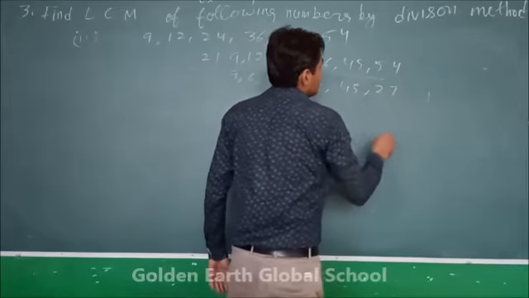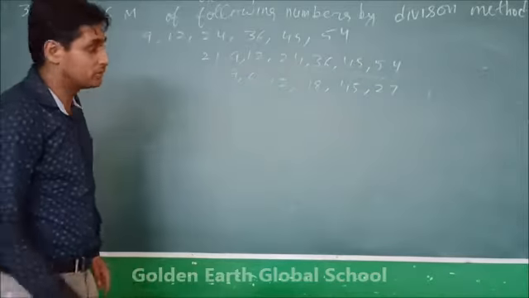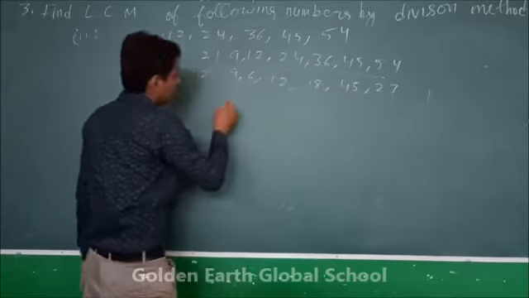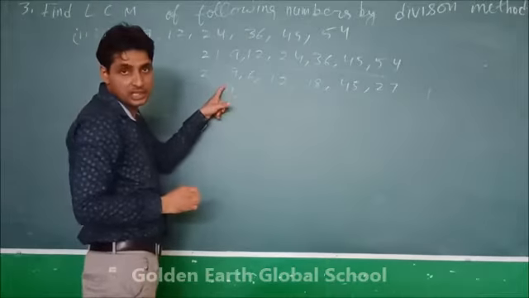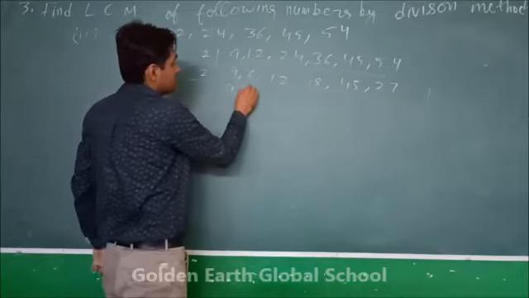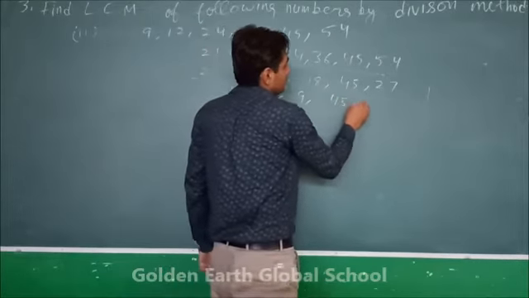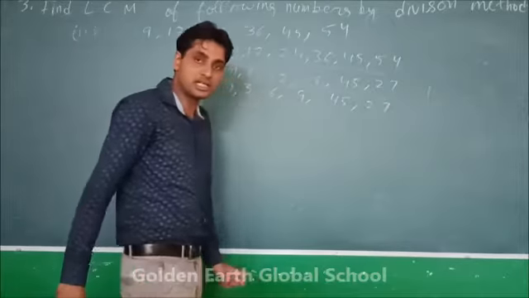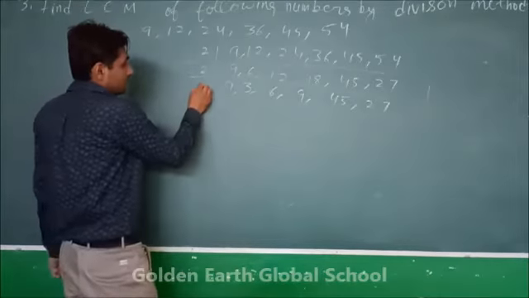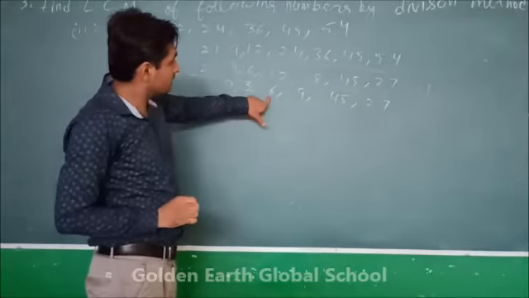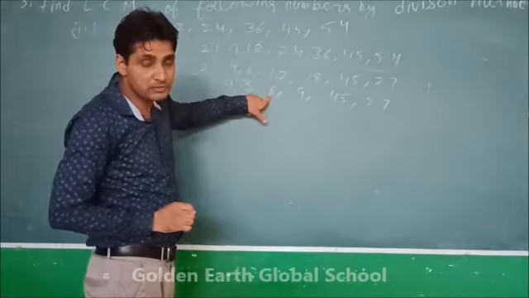Okay, 2 27s are 54. Okay, then you have to divide again with 2. Okay, 9, write like that. 2 3s are 6, 2 6s are 2 9s are 12, 45 and 27, write like that. Okay, now only one number divides with 2.